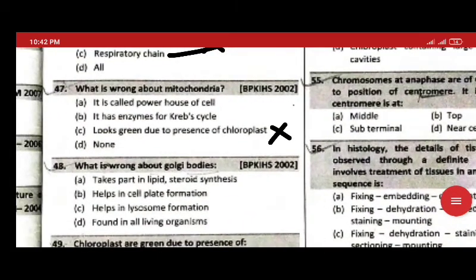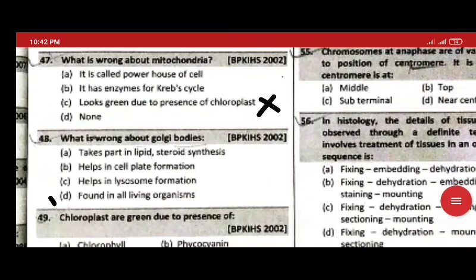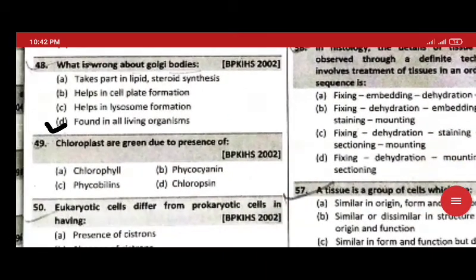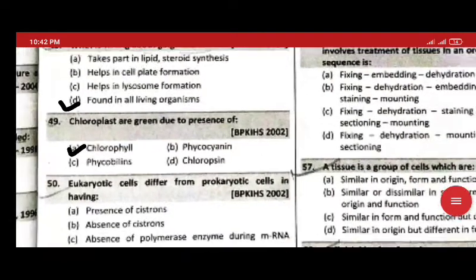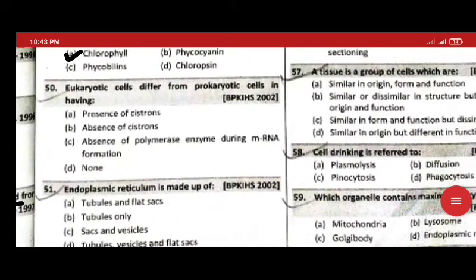Now what is wrong about Golgi bodies? Golgi bodies are not found in all living organisms. Chloroplasts are green due to pigments of what? Chlorophyll. 49. 50, eukaryotic cells differ from prokaryotic cells in the presence of what? Cistron.